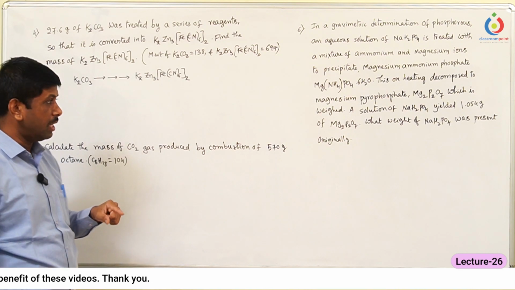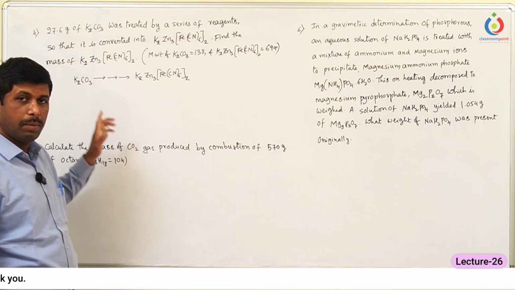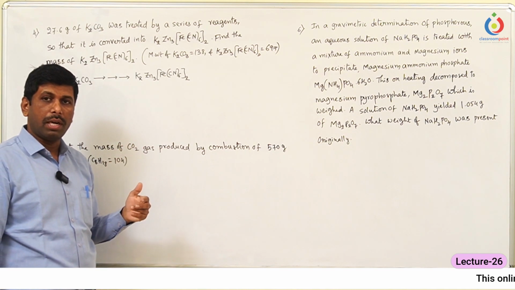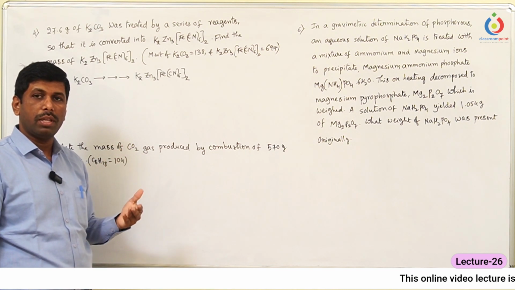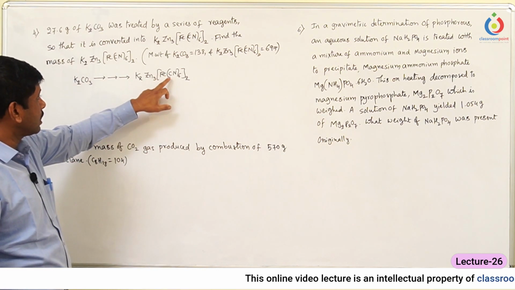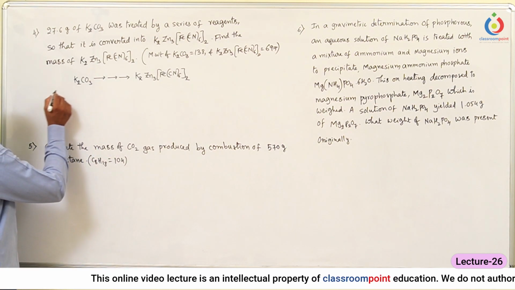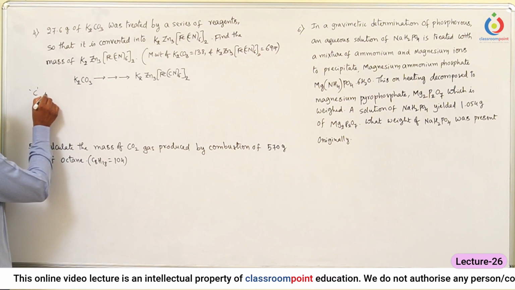If they say that these metal ions are conserved, then we can take potassium. If they don't mention that the metal ions are conserved, then we have to go for the covalently bonded atoms. So here the covalently bonded atom is carbon. So we take carbon, and we say that carbon is conserved.